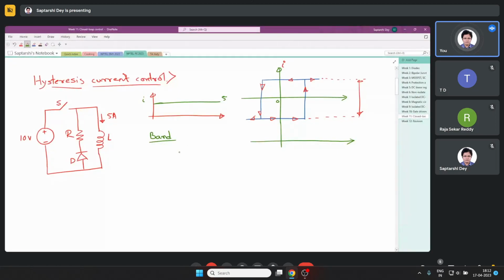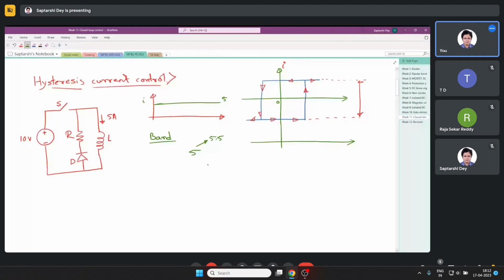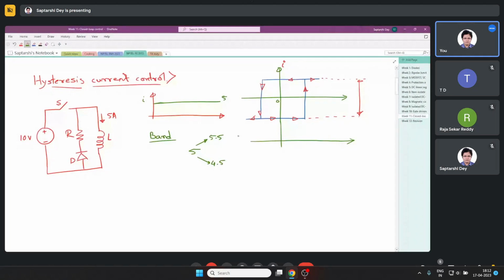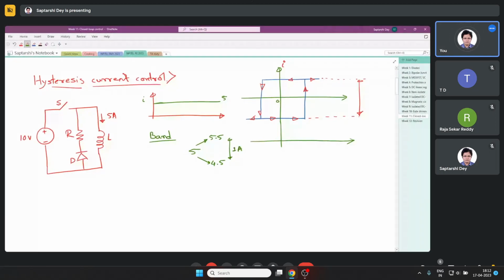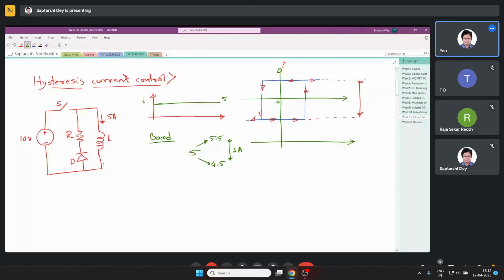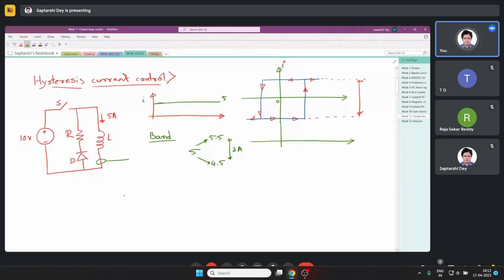So say in this case, I know that I have a room of tolerance of say 1 ampere total. So I create a band of 4.5 to 5.5 ampere, a total 1 ampere band. Now there is a current sensor here with which I sense the current.